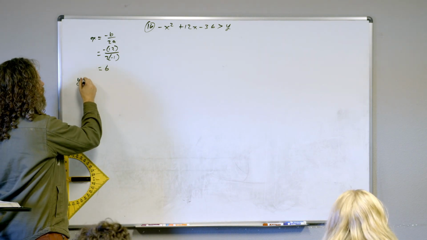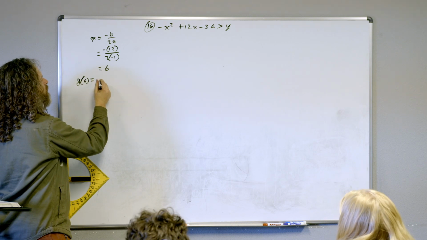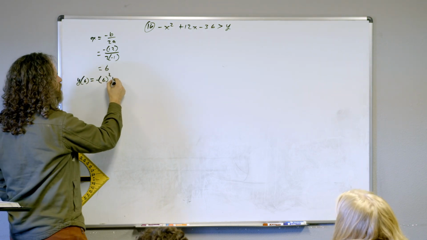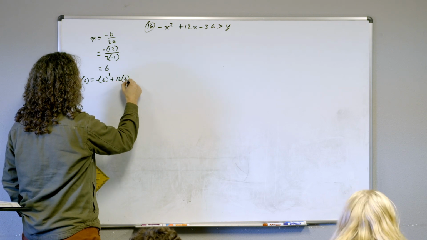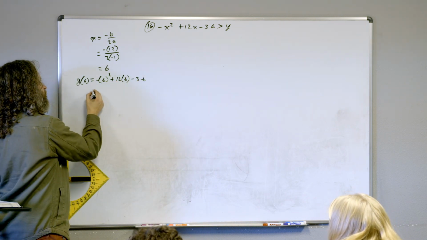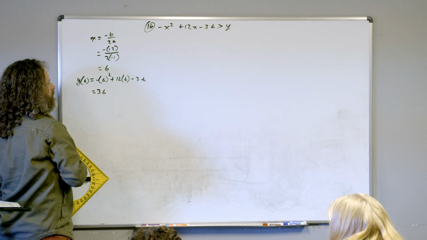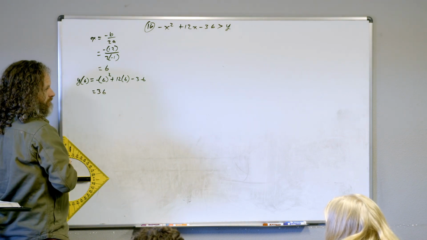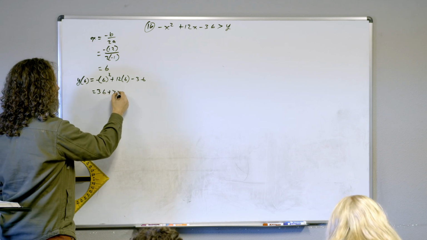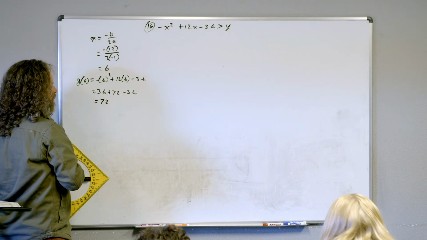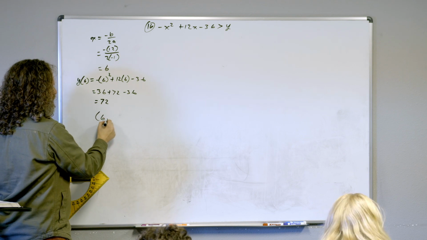So we're doing y of 6 equals negative 6 squared plus 12 times 6 minus 36. What's 6 squared? 36. What's 12 times 6? 72. So it equals 72. So the vertex is at 6, 72.